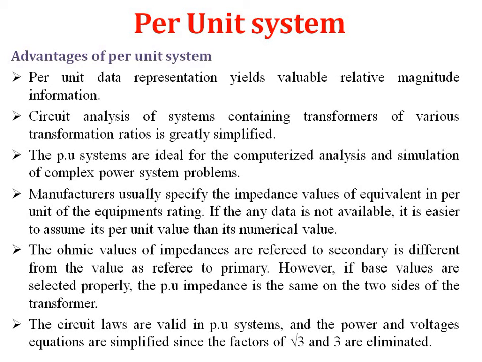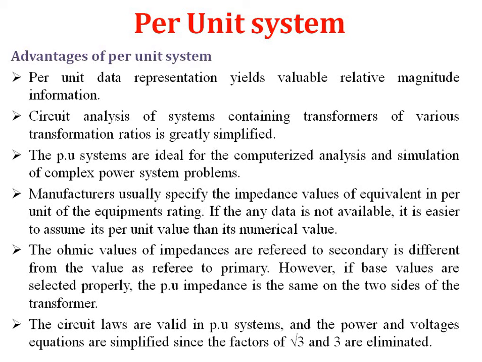The per unit system is ideal for computerized analysis and simulation of complex power system problems. Manufacturers usually specify the impedance value of equipment in per unit of equipment rating. If any data is not available, it is easier to assume its per unit value than its numerical value.